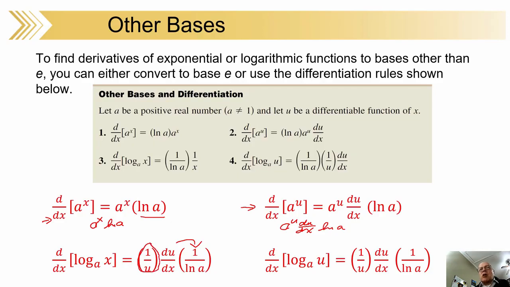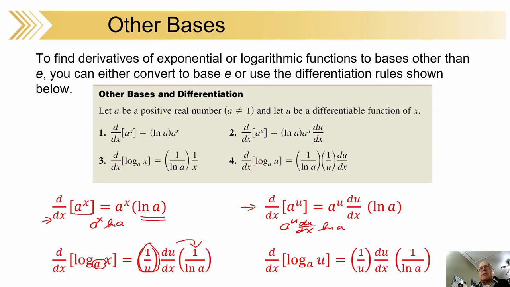The chain rule says, oh, don't forget, you have to take the derivative of u, the inside function, put that next, and then 1 over a because this wasn't an e, it's an a. So you make the adjustment of 1 over the natural logarithm of a. Just remember, for the exponents, the natural logarithm of a goes on the top. For logarithms, the natural logarithm of a goes on the bottom.